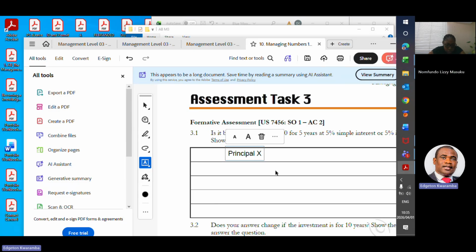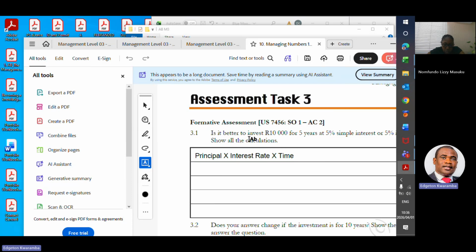And then we multiply it by the interest rate, and then we multiply by time. Others call it PRT, principal times rate times time.